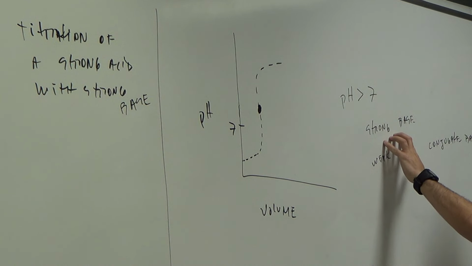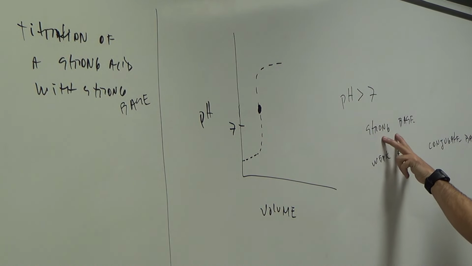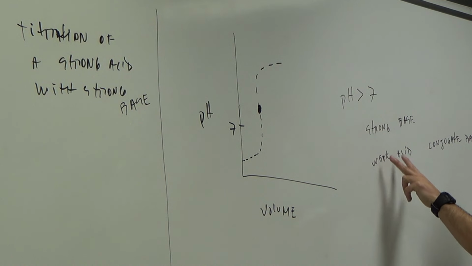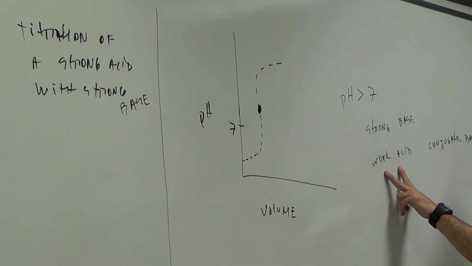The strong base is going to dissociate entirely, but it's going to react with this, yes? Because it's strong. So if I have 1 mole of this and 1 mole of that, all of the strong base is going to react with all of the weak acid.